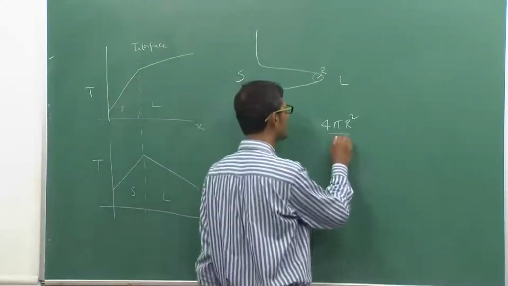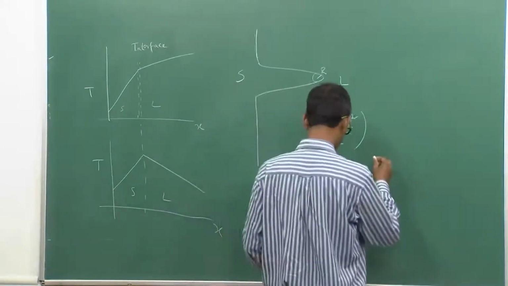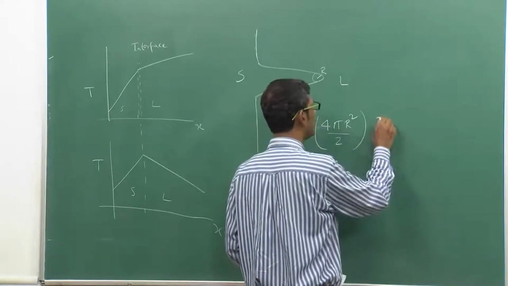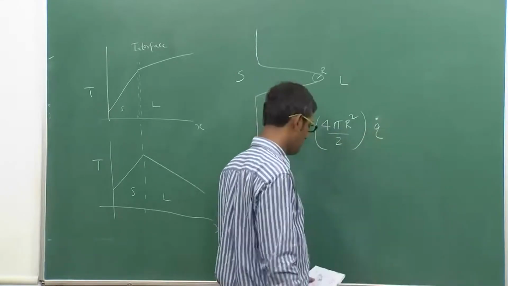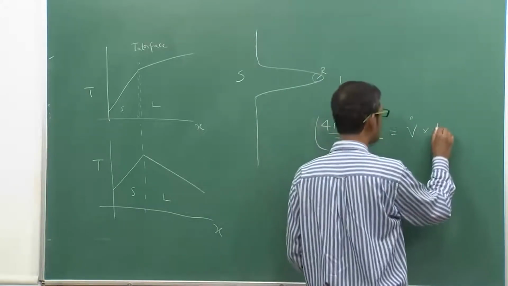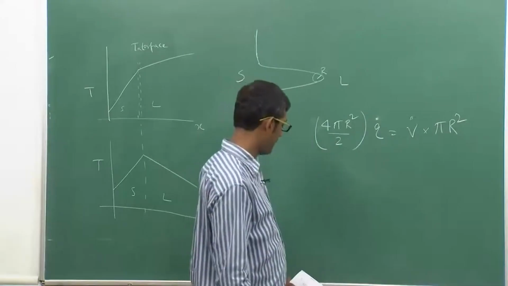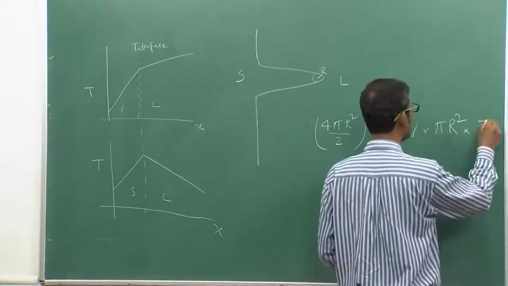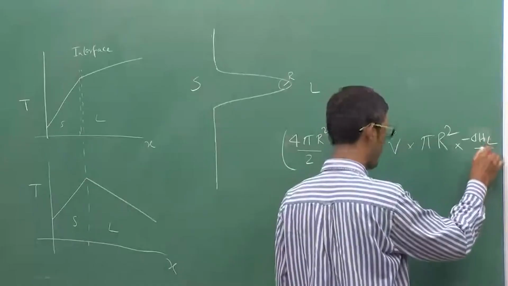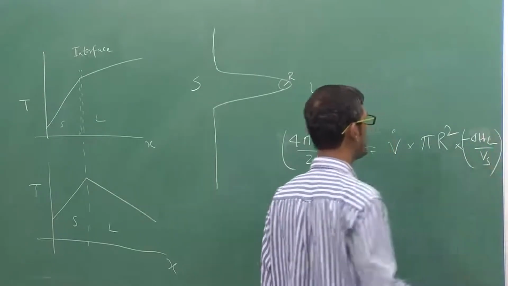So this total area multiplied by the heat flux or rate must be equal to growth rate multiplied by pi r square, multiplied by delta H L by V. Yes, this is the heat evolution, correct.